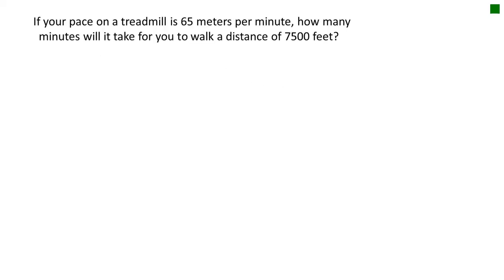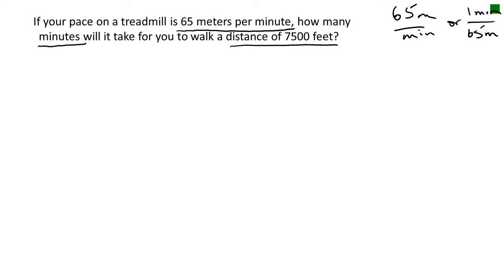If our pace on a treadmill is 65 meters per minute, or 1 minute for every 65 meters, and I want to know how long it's going to take me in minutes to walk a distance of 7,500 feet, I know I'm going to have to go from feet into something that I can use here, which is going to be meters.